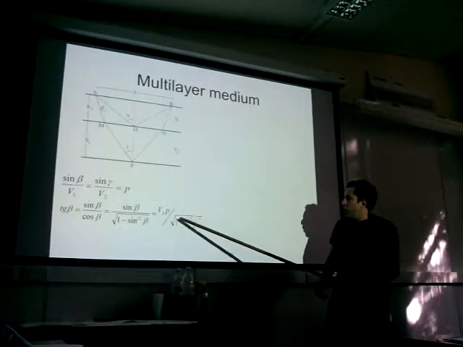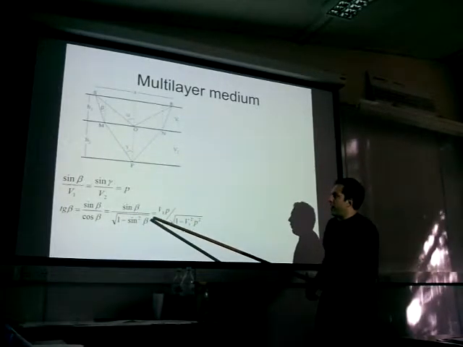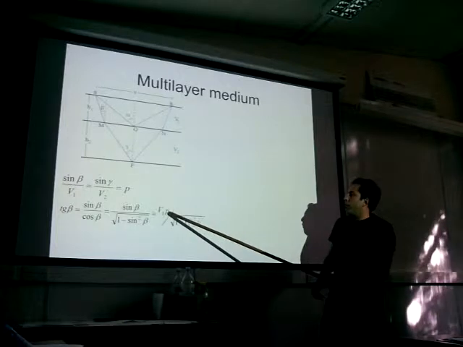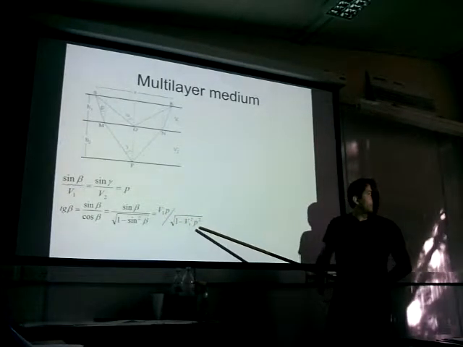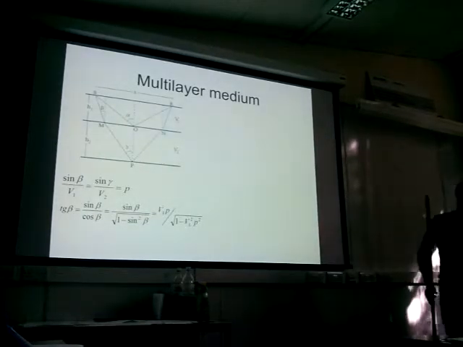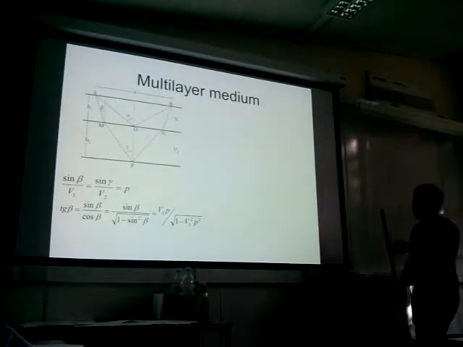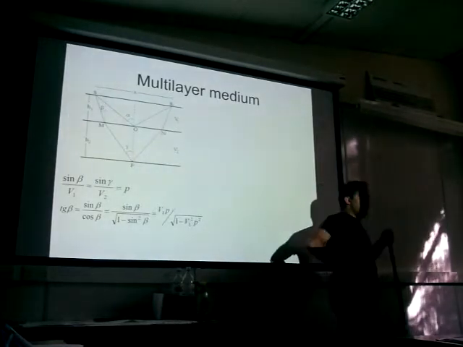Divided by the root of 1 minus the sine square of beta, but if the sine of beta is V1 p, my sine square is V1 square p square. So I rewrote the tangent of my angle as a function of the velocity and of the ray tracing parameter p.